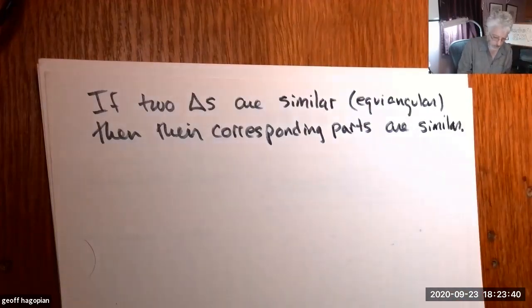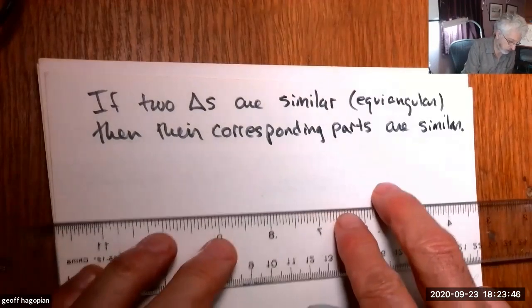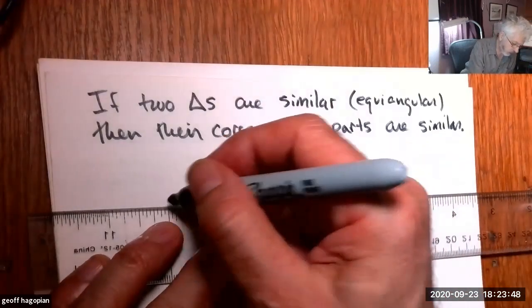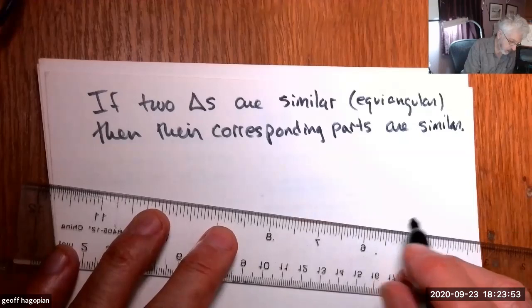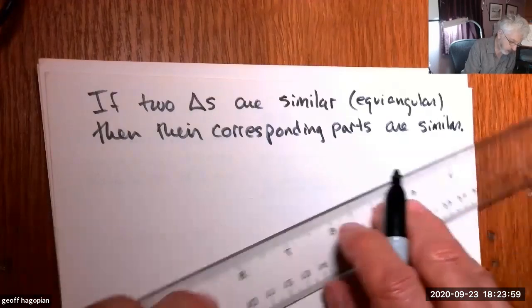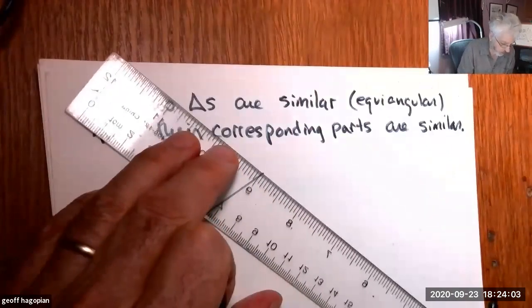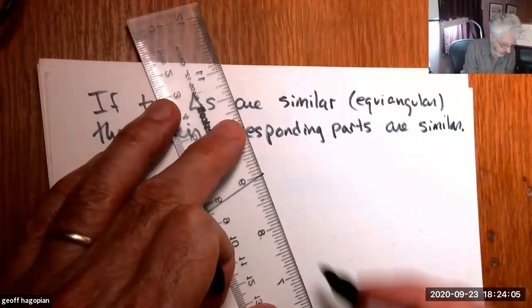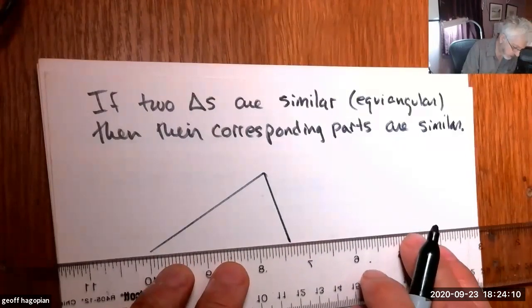So I guess I'll try to draw two similar triangles. So I'm going to have a little one here. Well, actually, one way to do this is to draw a triangle. Well, let me try to do it with two separate triangles, all right, like this.